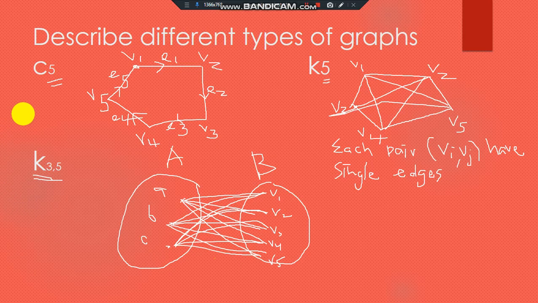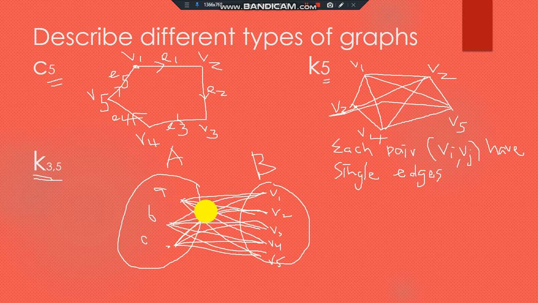Okay, and this is called the K3,5 graph, that is a complete bipartite graph with 2 groups, the first group with 3 vertices and the second group with 5 vertices. Each vertex here should join to all the vertices here.